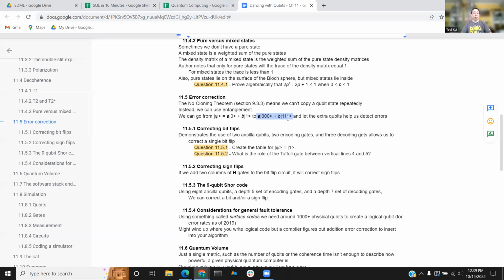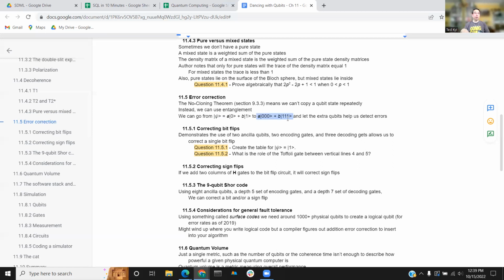And so in the next subsection, 5.1, the author demonstrates that by using what we just had here, a total of 3 qubits, so 2 extra qubits, with just 2 encoding gates, and then some amount of time allowed to elapse where you might actually have a bit flip, then you run it through these 3 decoding gates, and regardless of which of those 3 bits was flipped, in the answer, the first qubit will always be the same as what it originally was.